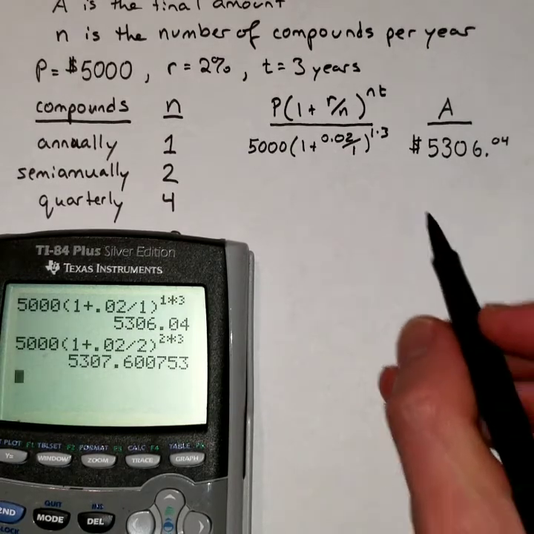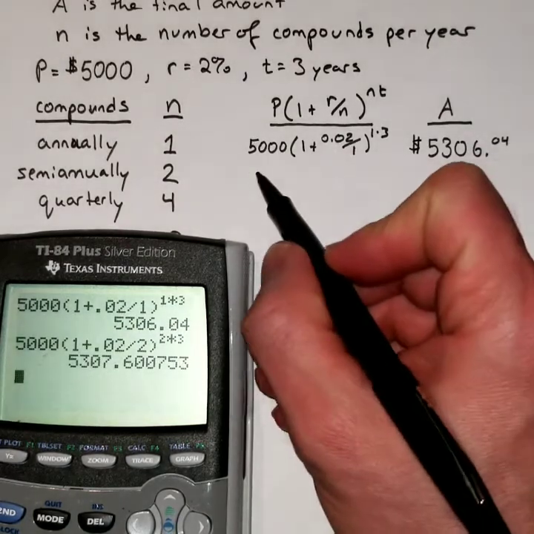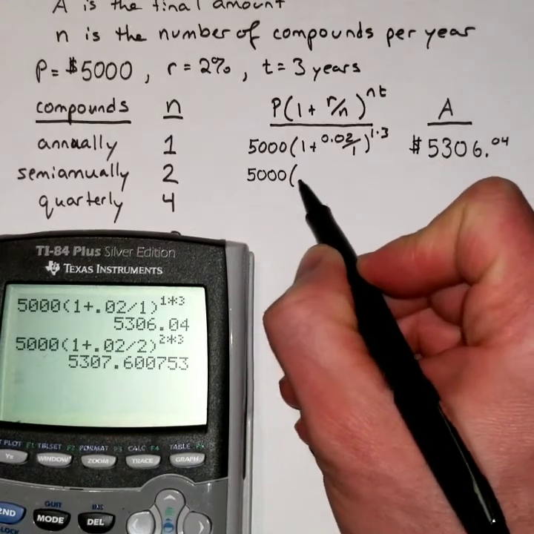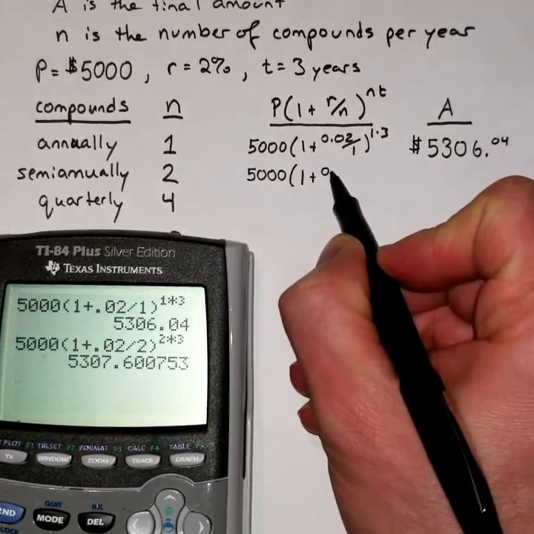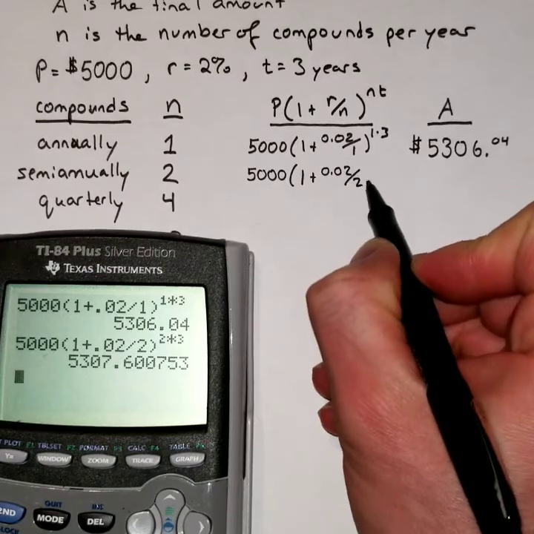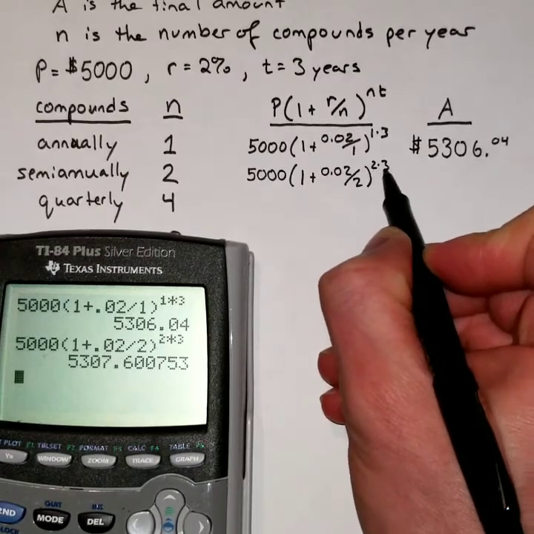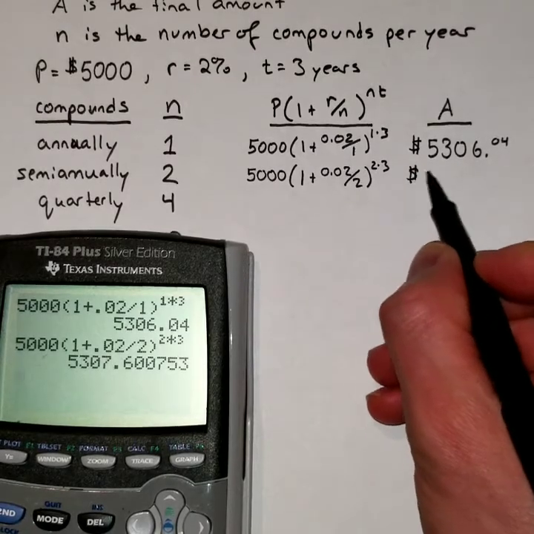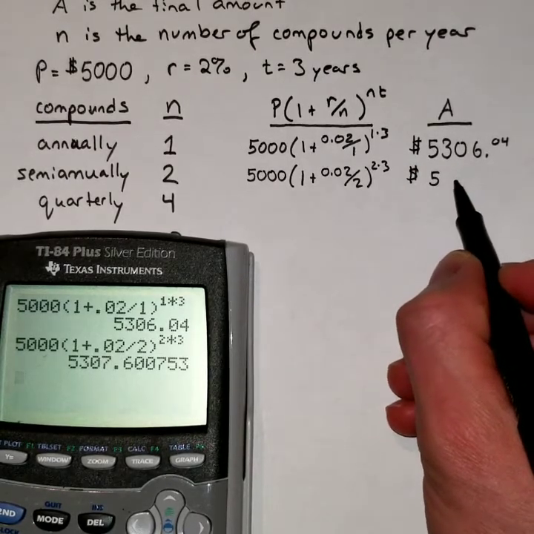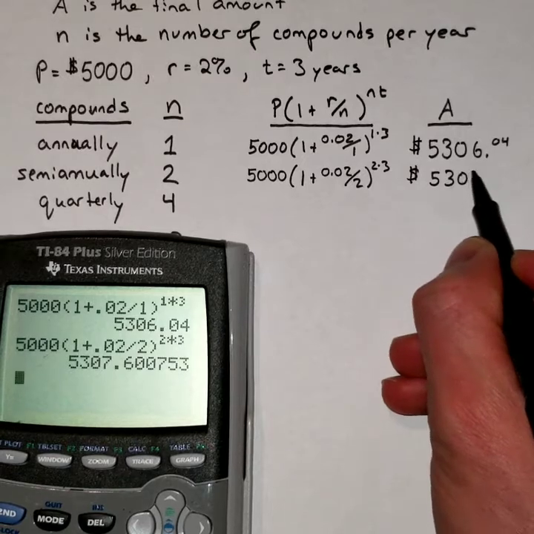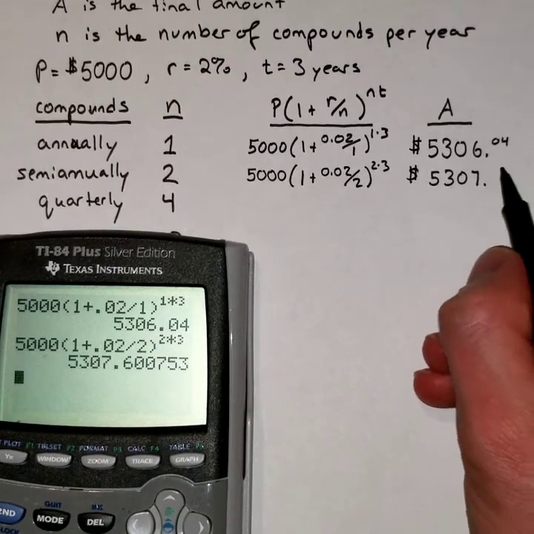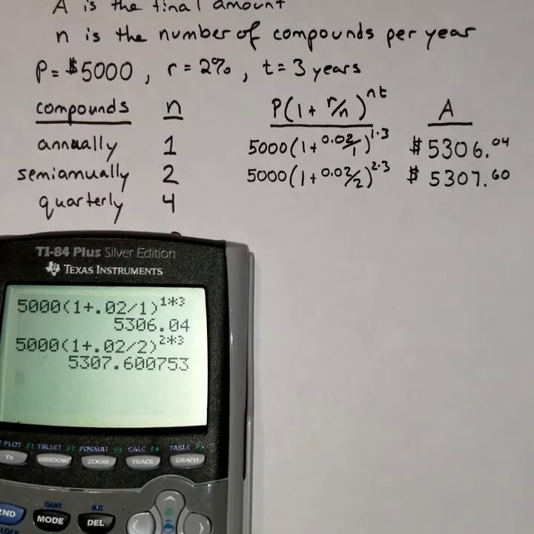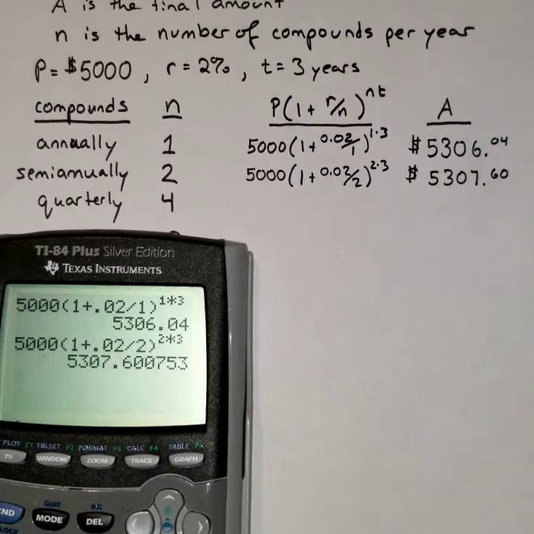I'm going to get a new value a little bigger, so let me write in what it would be on the formula. 5,000 times 1 plus 0.02 over 2, raised to the 2 times 3 power. And that turns out to be $5,307.60, if I round to the nearest penny.